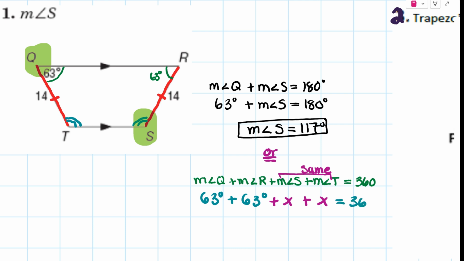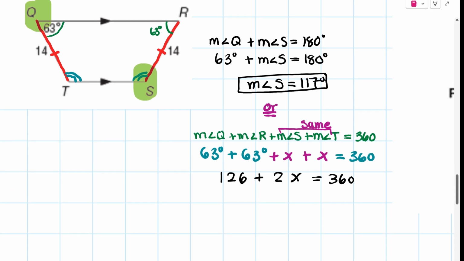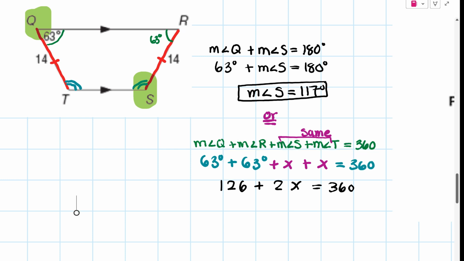And then we just get a regular linear equation. We combine like terms, we then use inverse operations. So I'm going to give you a minute to solve this equation. Do this inverse operation, so subtract 126 from both sides.